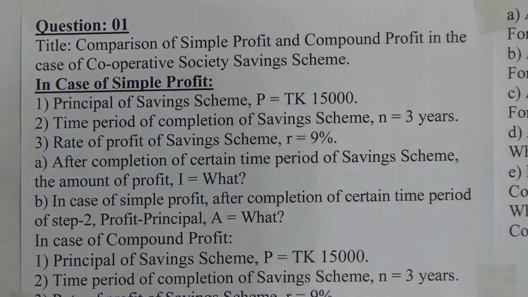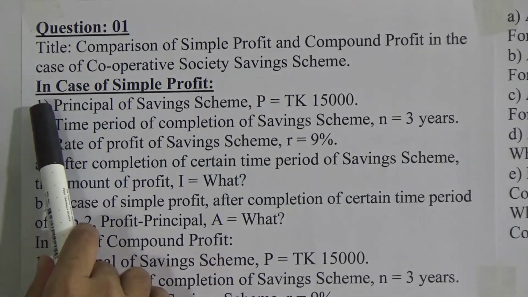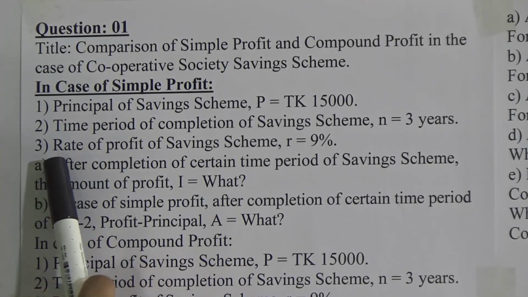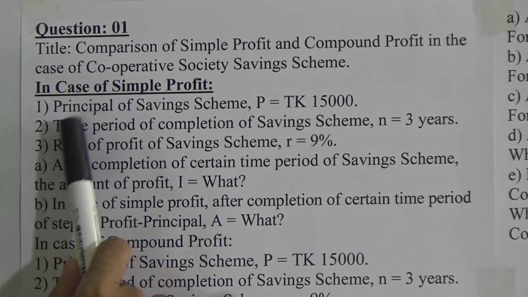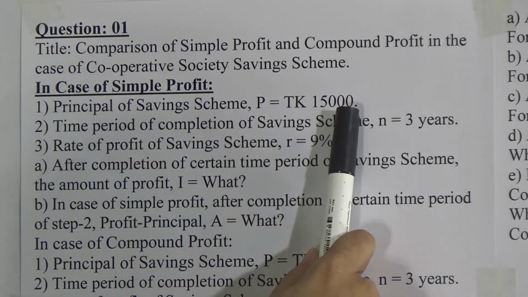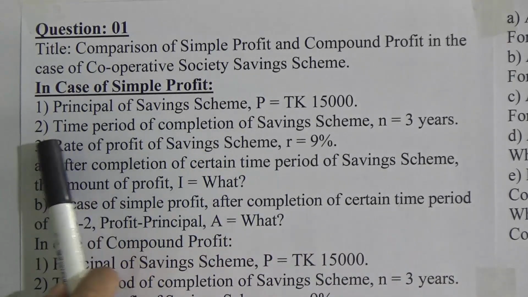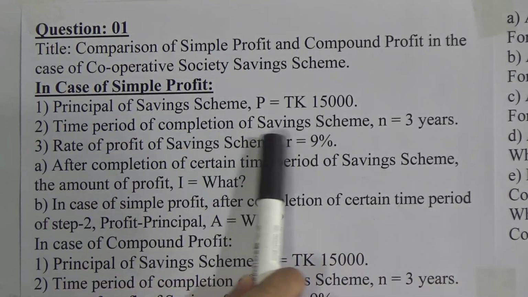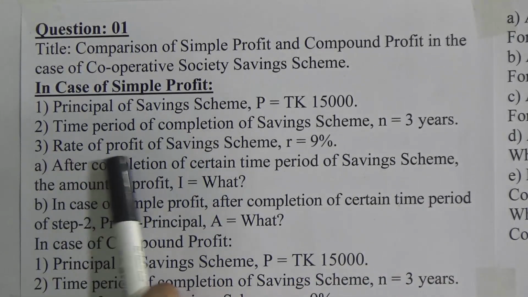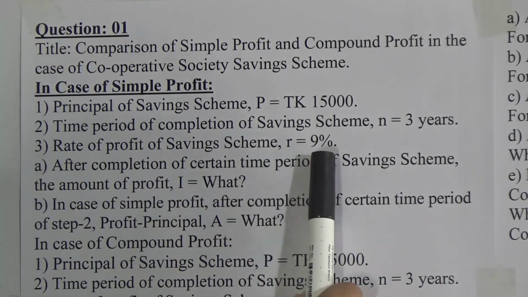Here in case of simple profit, three pieces of information are given at first. First one is principal of savings scheme P equal to taka 15,000. Time period of completion of savings scheme N equal to 3 years. Rate of profit of savings scheme R equal to 9%.